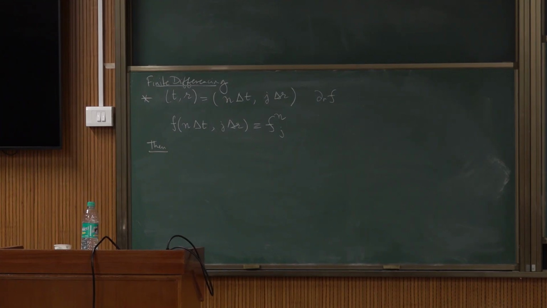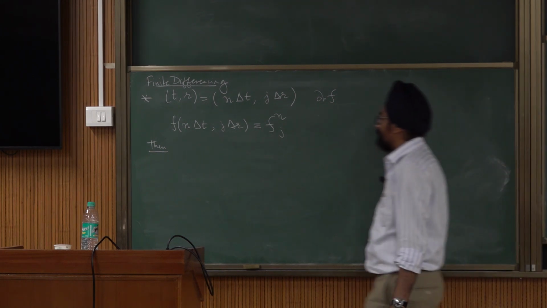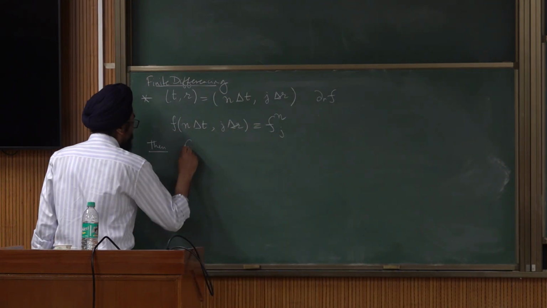You could use the function on the left side minus wherever you are, divided by delta r or delta t. That would be your derivative. This uses the nearest neighbor on the left, or you could use the nearest neighbor on the right.